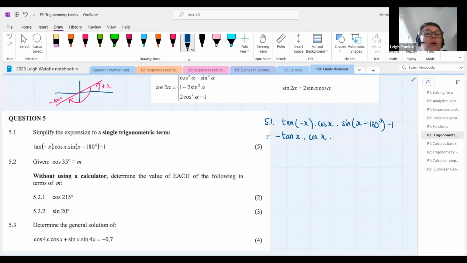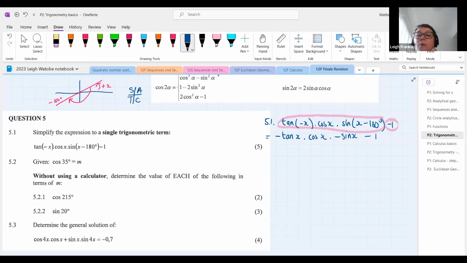And we know from our cast diagram, we've always got to bear the cast diagram in mind when we're doing trig, we know that sine x is going to be negative in quadrant 3, minus 1. So all of these here are a separate term from the minus 1. They're being multiplied together, and then we are subtracting 1 from that.